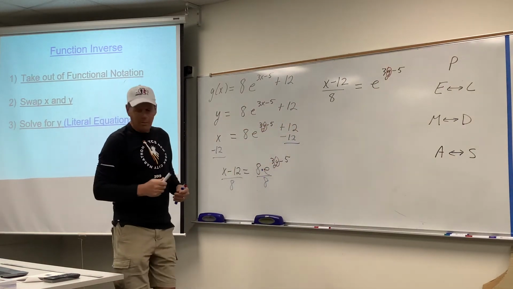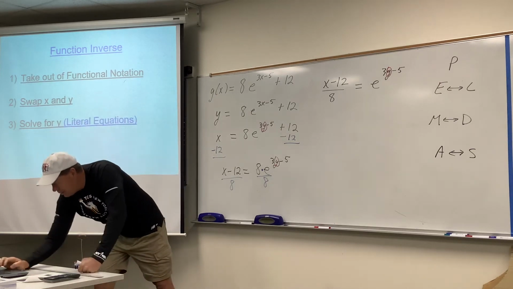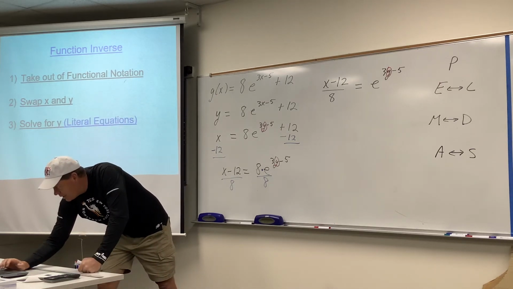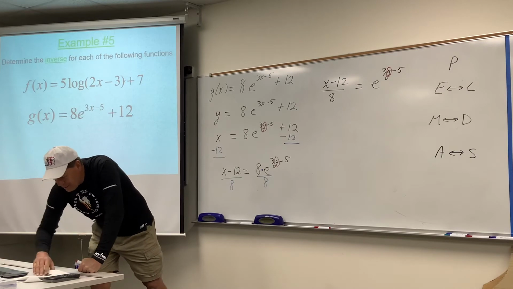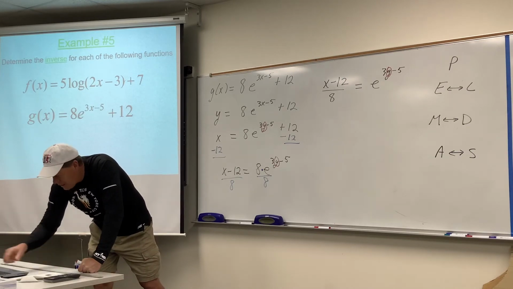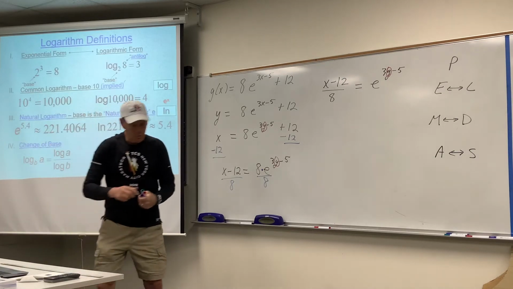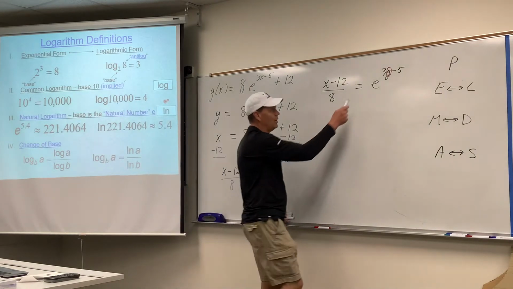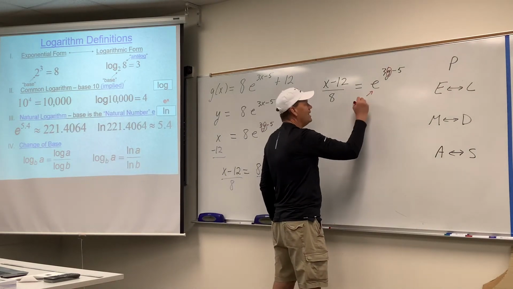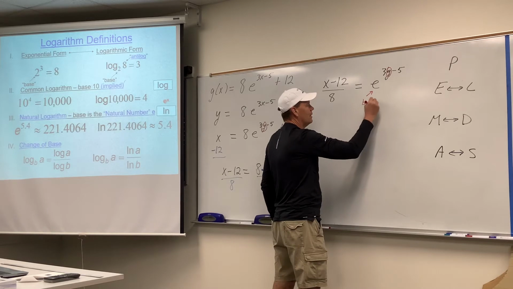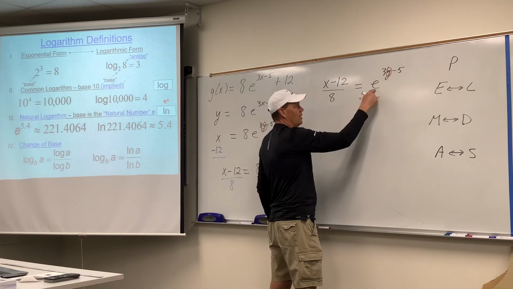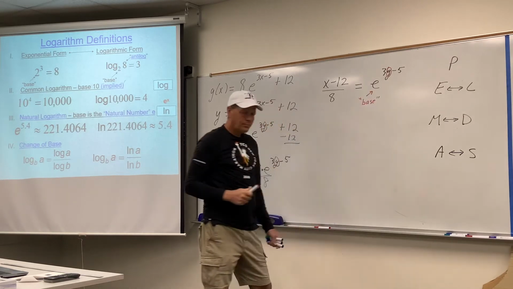What's new to you probably here, and I'm going to leave this slide and come back to the present day, is that we want to get rid of that e now, and that e is a base. Something that has a power attached to it.